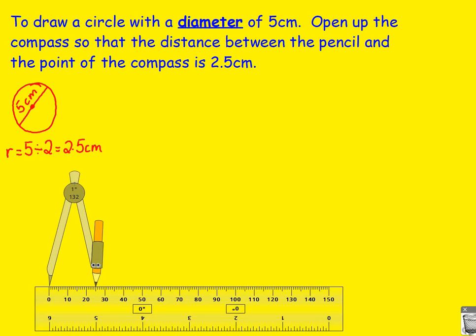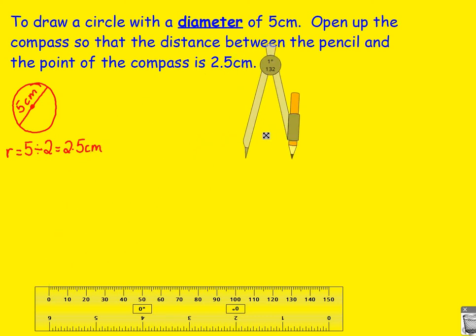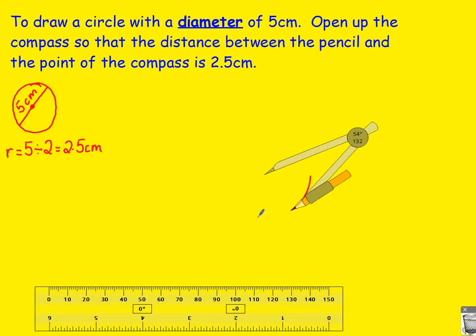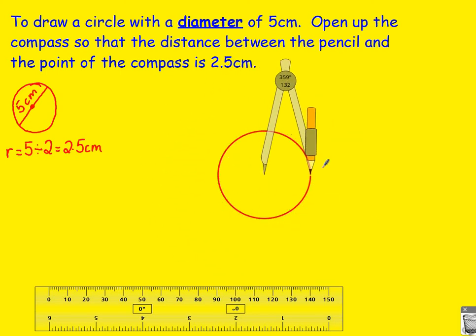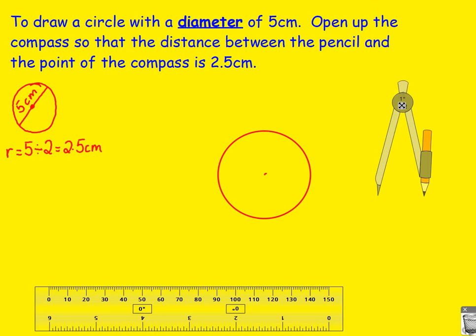I've opened up the compass to the width of the radius, so all we now need to do is to draw the circle. So the distance now in any direction from the centre of that circle to the circumference would be 2.5 centimetres.